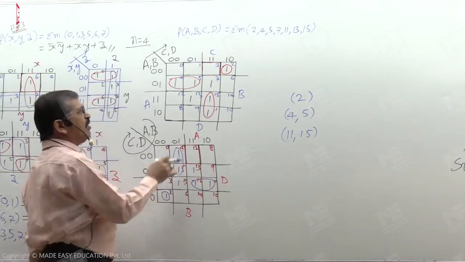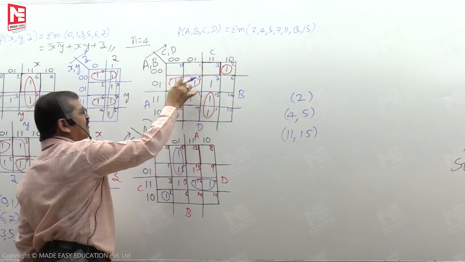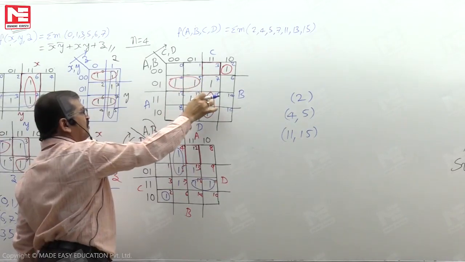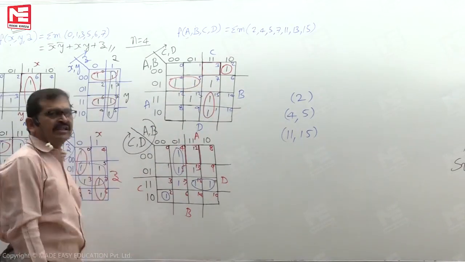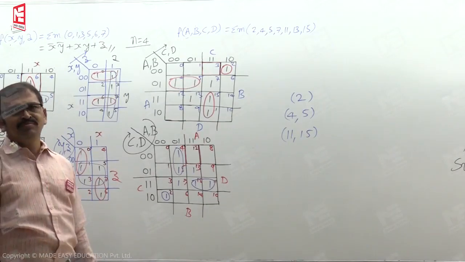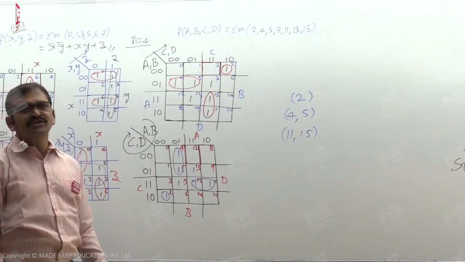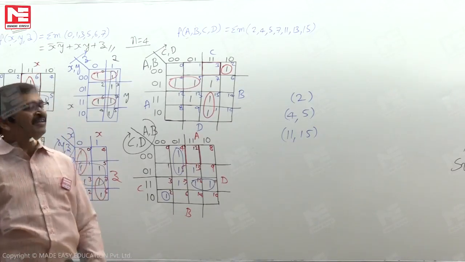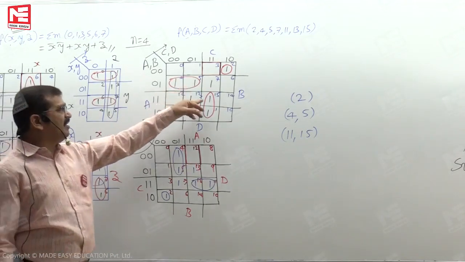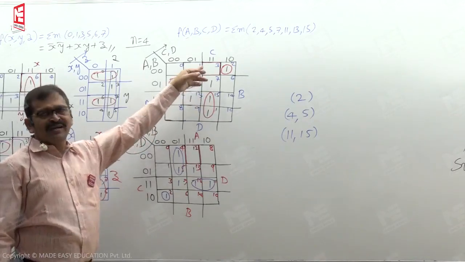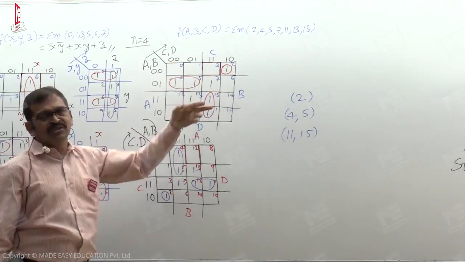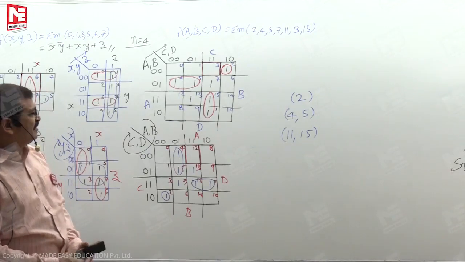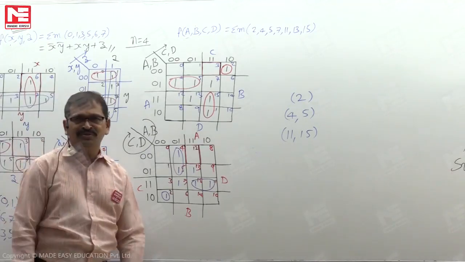But definitely we are not marking 5, 13 or 5, 7 or 13, 15 or 7, 15 as 2-cell subcubes, because the 2-cell subcubes we mark should not come as a part of any larger size subcube. If you mark 5, 13 or 7, 15 and so on, they are part of a larger size subcube, which is not allowed. So no more 2-cell subcubes.